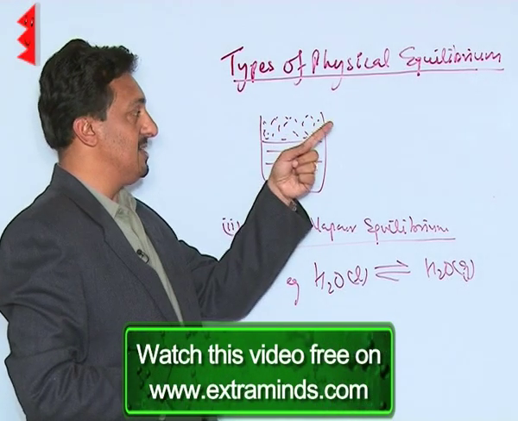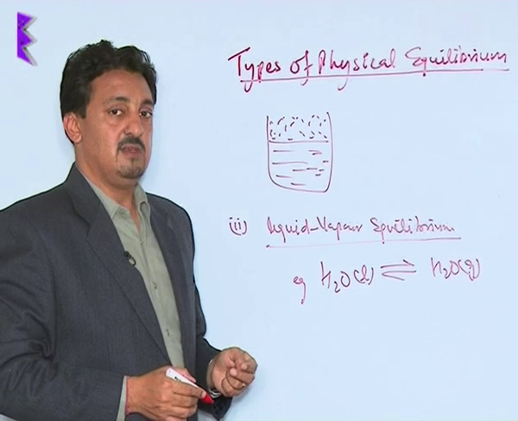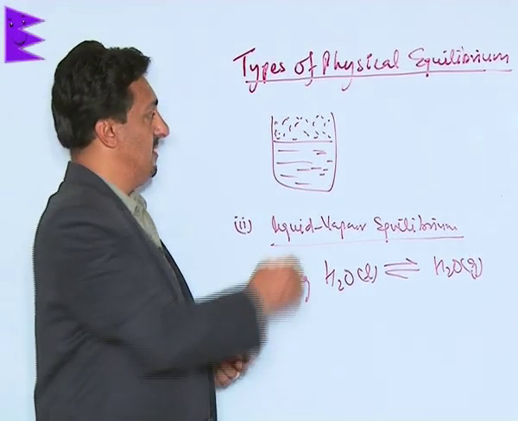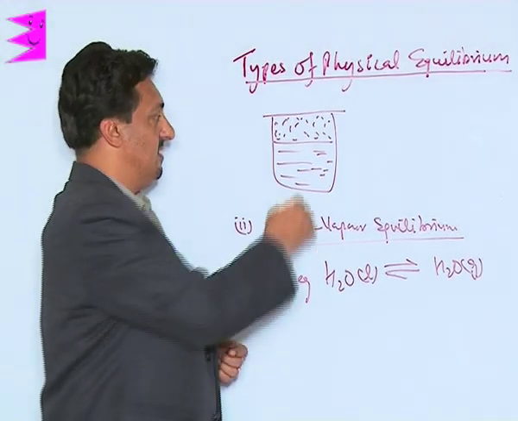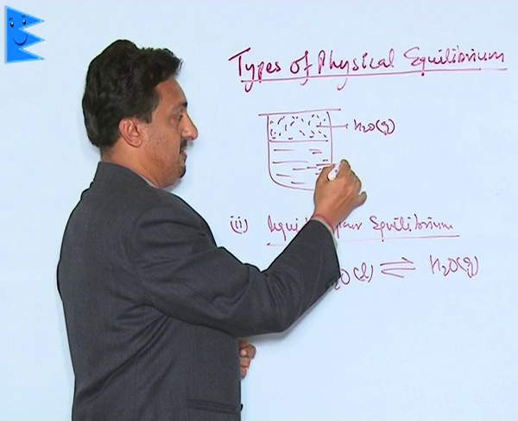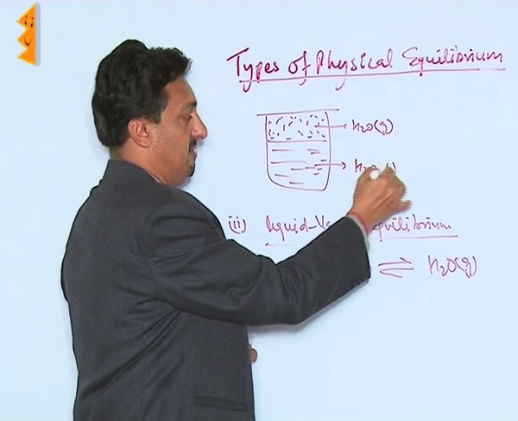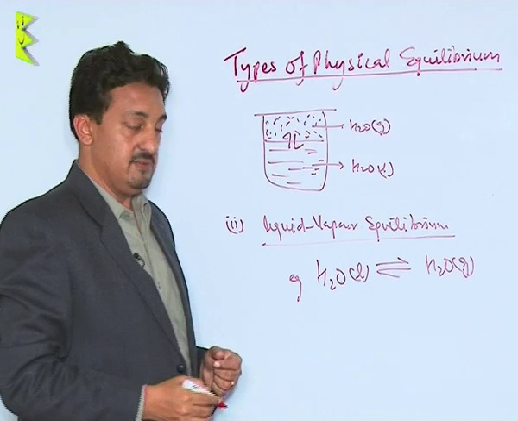If we keep the beaker open, these molecules will keep on escaping to the space around it. But if we close it, after some time both the water present in the vapor state and the water present in the liquid state will come in equilibrium with each other.